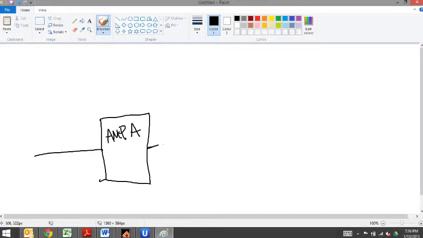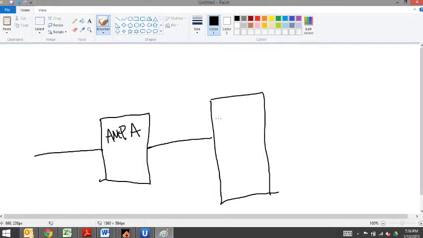And then we have an NMDA receptor. I drew the NMDA receptor a little bit bigger because it is a little bit more interesting, and I wanted to convey that.